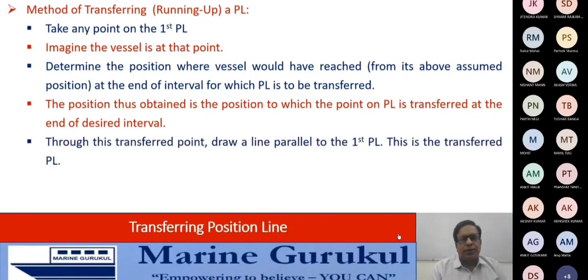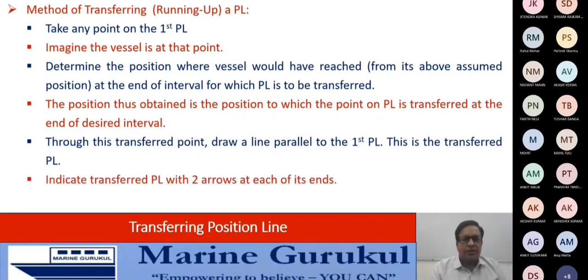Through this transferred point, draw a line parallel to the first PL. This line drawn parallel to the first PL through the transferred point is the transferred PL. Indicate the transferred PL with 2 arrows at each of its ends. Also indicate the time to which the PL has been transferred.